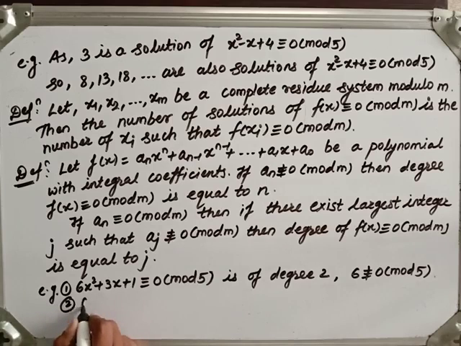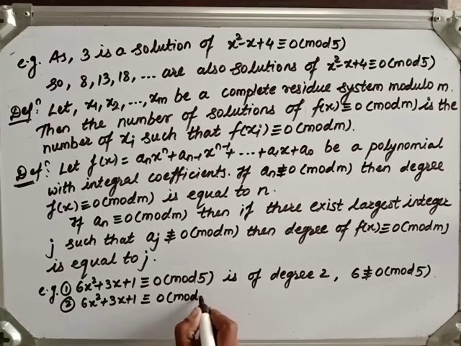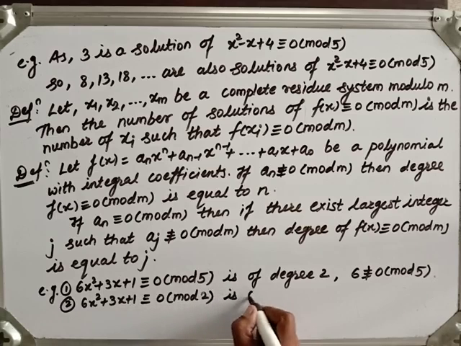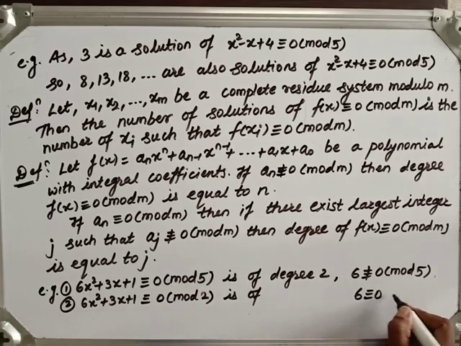Again, second example: 6x square plus 3x plus 1, suppose the same polynomial, congruent to 0, let me change m, modulo 2 suppose. Now look here, 6 is congruent to 0 modulo 2.